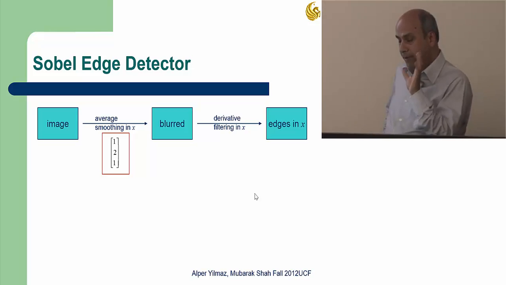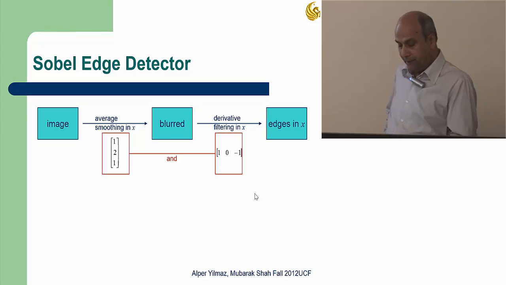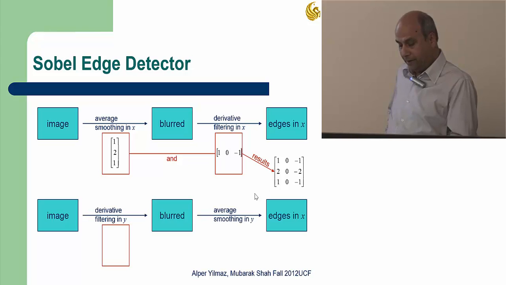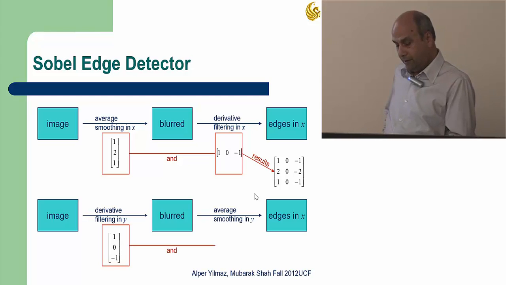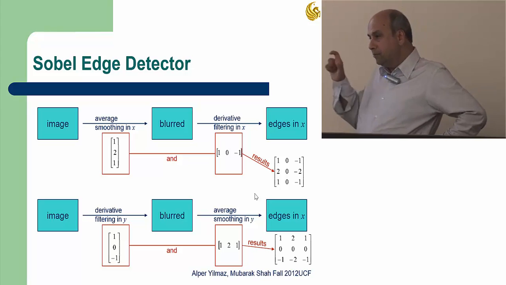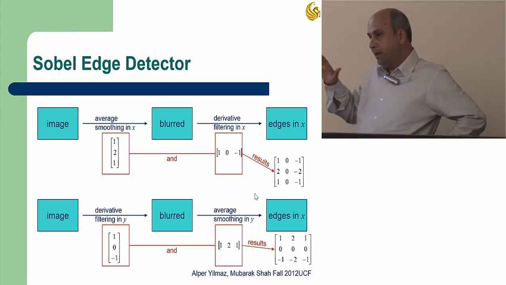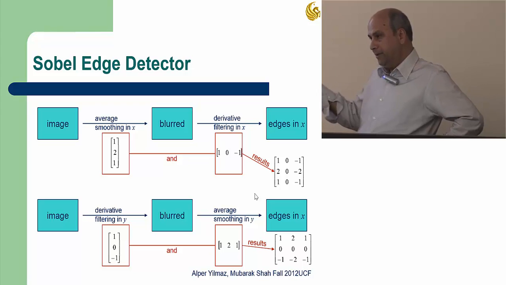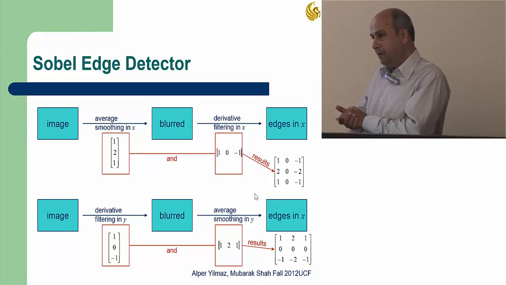Here the central pixel is weighted twice as much, and the same thing for the derivative, and then you get this mask, and in the Y direction you get this mask. So that is nice. In the Prewitt we have equally weighted smoothing. In this one we have weighted smoothing, and then finding the central difference, and they are separable.